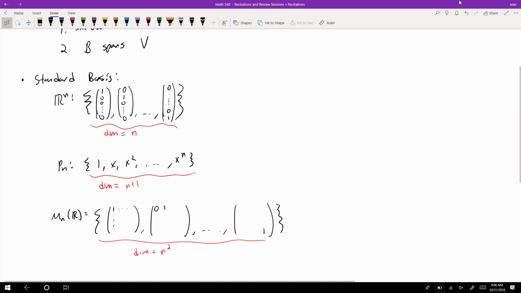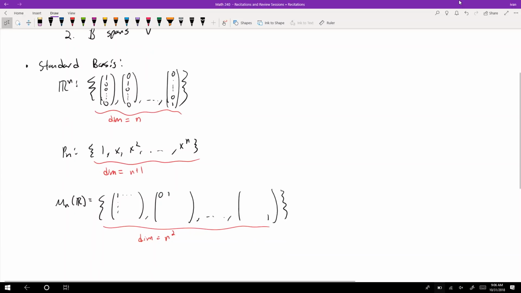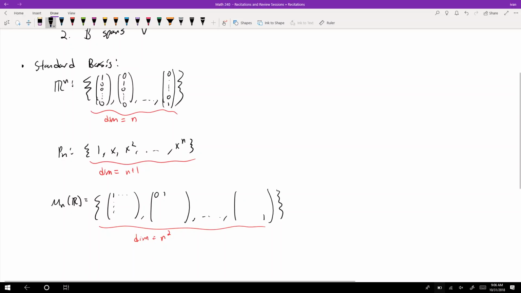Let's define what dimension is. The dimension of a vector space is the number of vectors in any basis of the vector space.